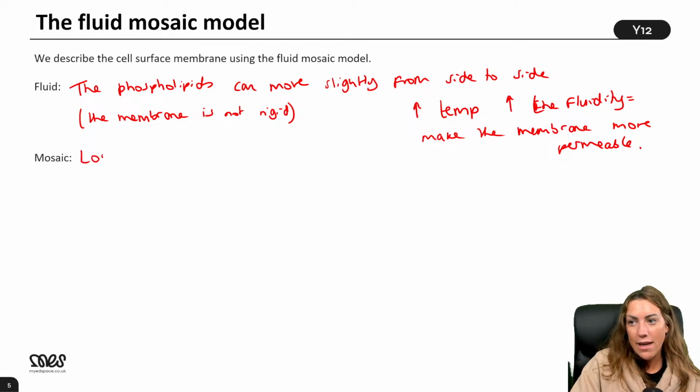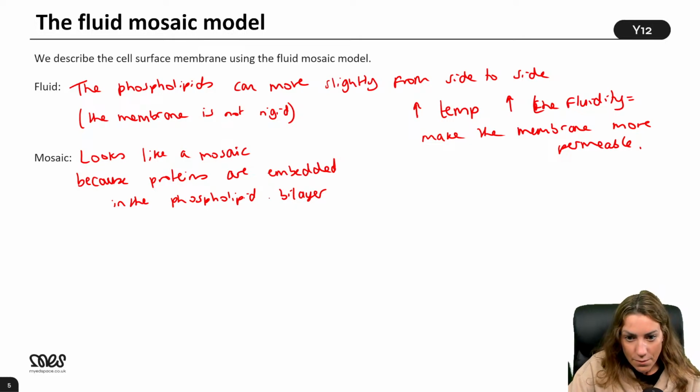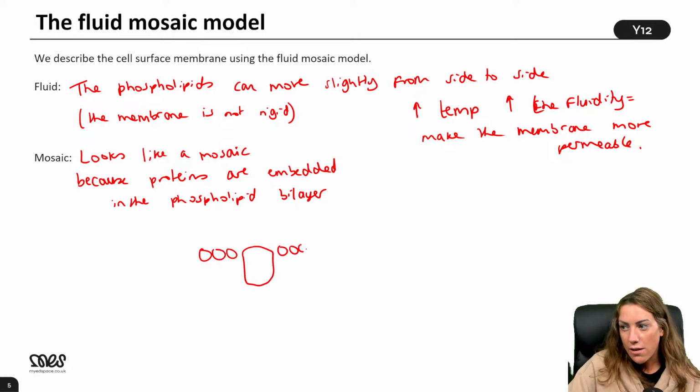Mosaic, someone's already said this, it looks like a mosaic. We all know what a mosaic is, right? Because proteins are embedded in the phospholipid bilayer. So if I just do another quick picture, you've got your phospholipid bilayer.